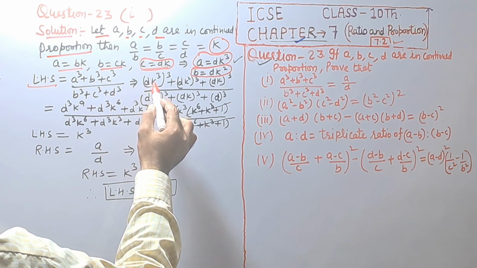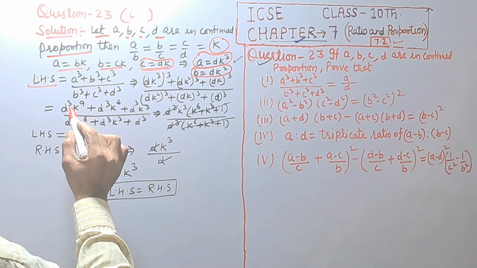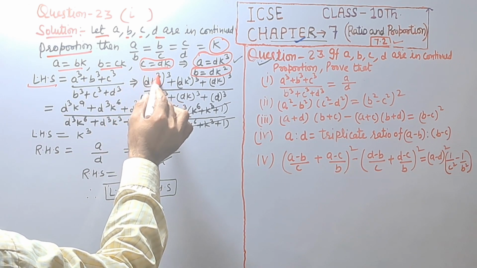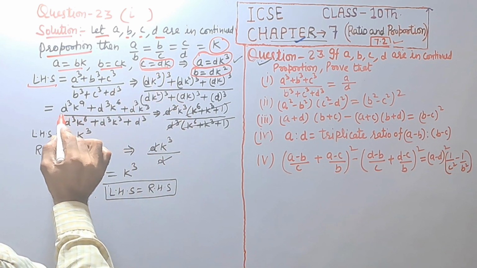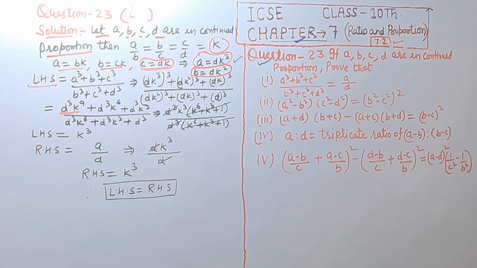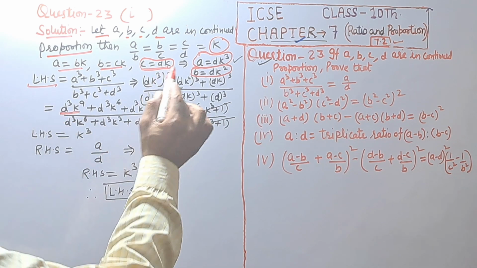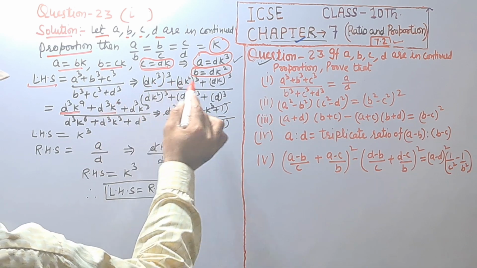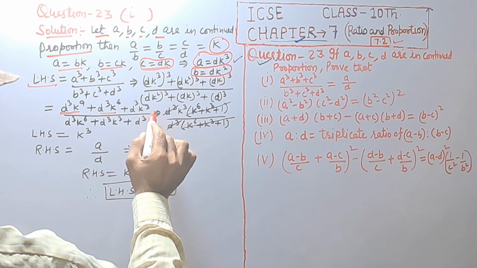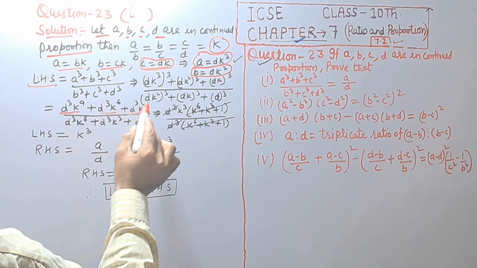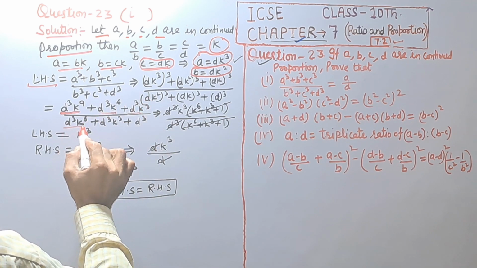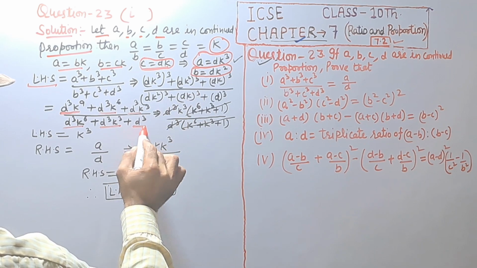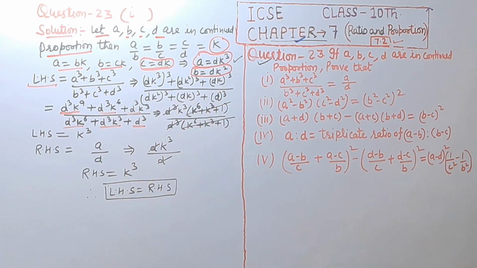DK raised to power 3 whole raised to power 3 is D cube, K raised to power 9, and D cube K raised to power 6, and D cube K cube, divided by D cube K raised to power 6 plus D cube K cube plus D raised to power 3.